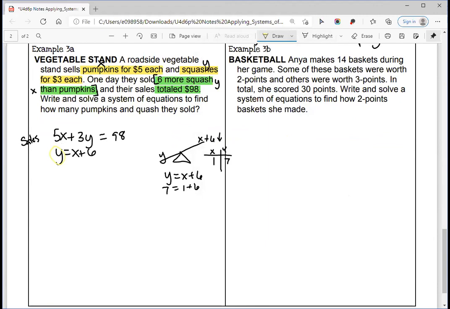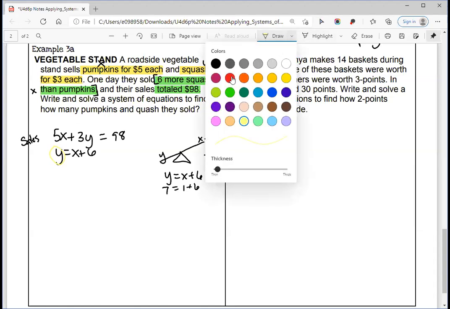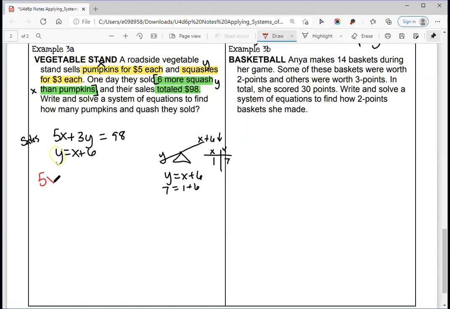Let's see. All right, so predominantly, the answer seemed to be 1016. So let me demonstrate. Most of y'all got it pretty well. I'm just going to go through this for the benefit of anyone who did not. We know what Y is, so we're going to replace Y. This is one of my favorite mistakes to make, to replace the wrong variable.